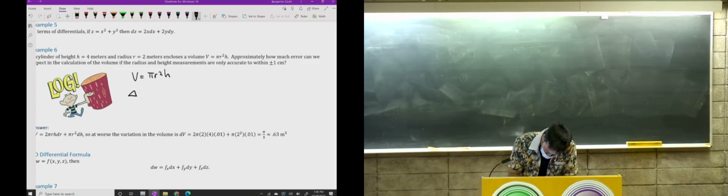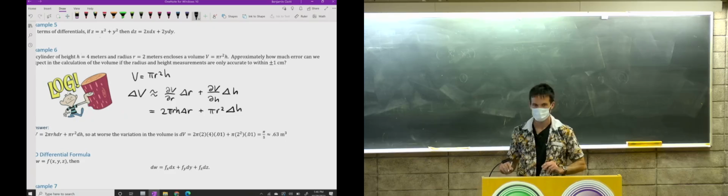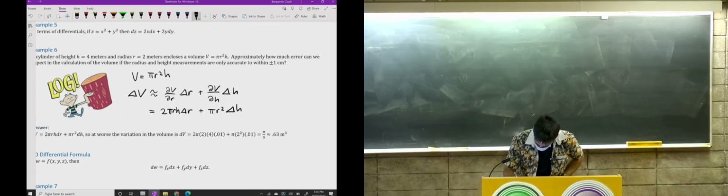So delta V will approximately be dV/dr delta r plus dV/dh delta h. This is equal to 2 pi r h delta r plus pi r squared delta h.